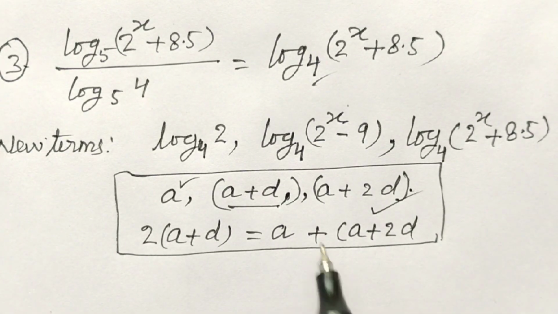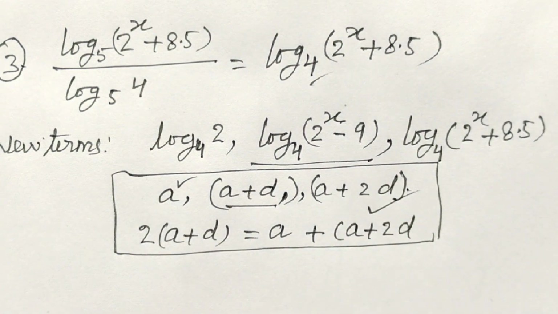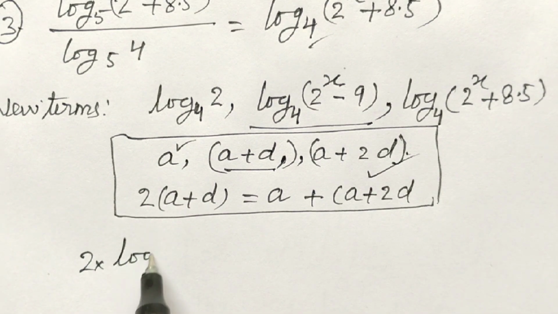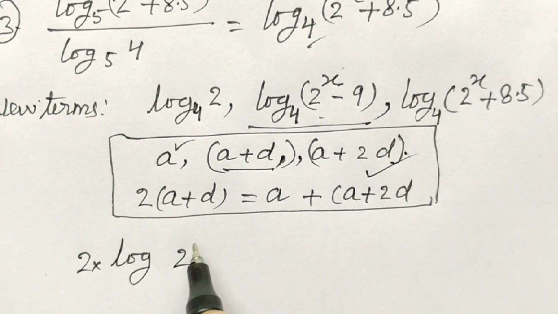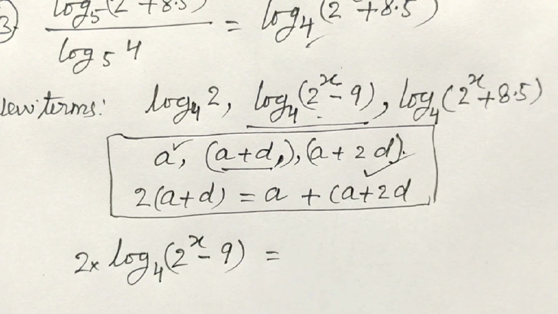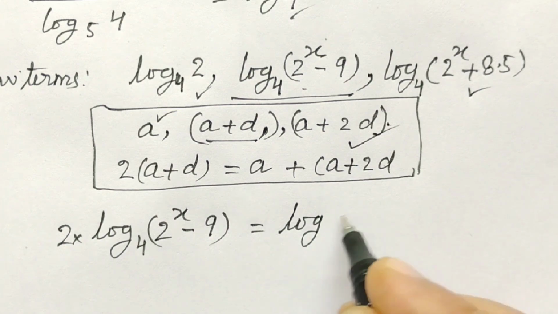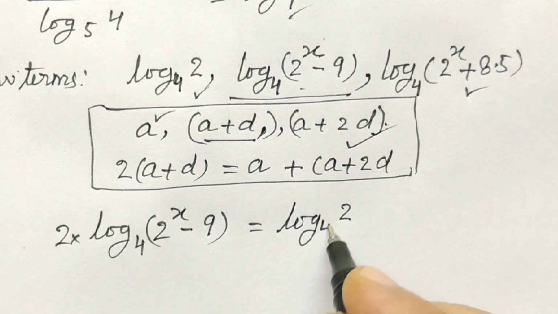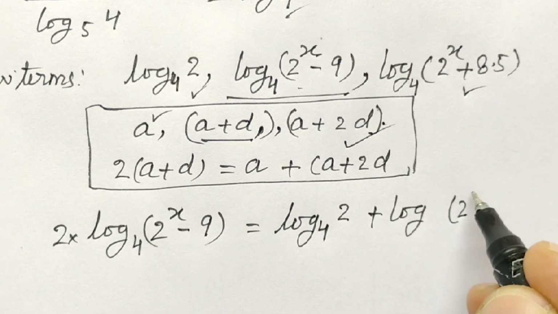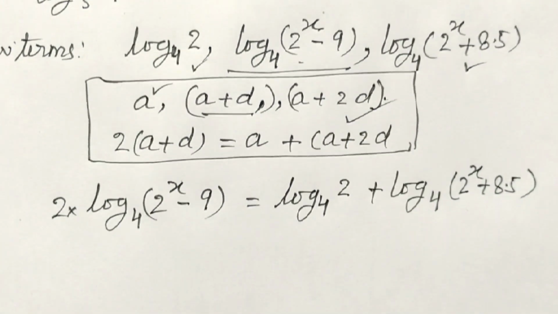Now, 2 times the second term, 2 into log of 2 to the power x minus 9 to the base 4, is equal to the first term plus the third term: log of 2 to the base 4 plus log of 2 to the power x plus 8.5 to the base 4.